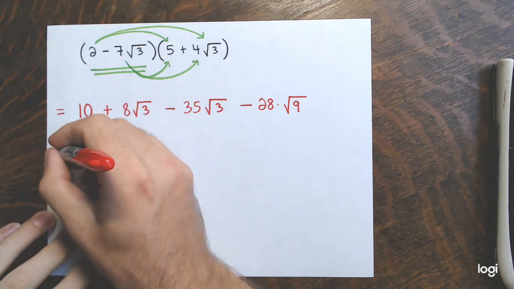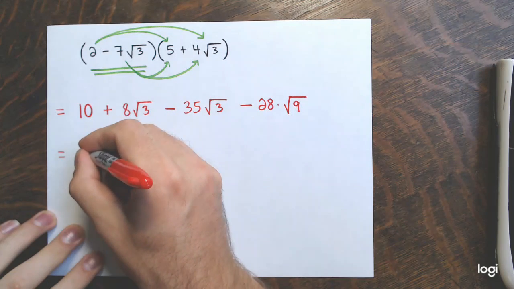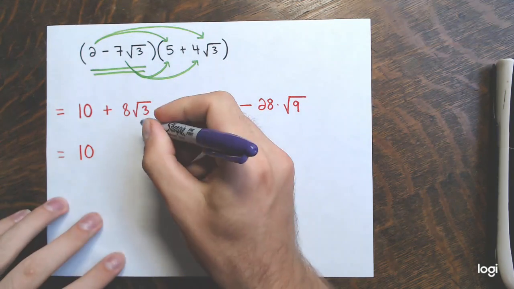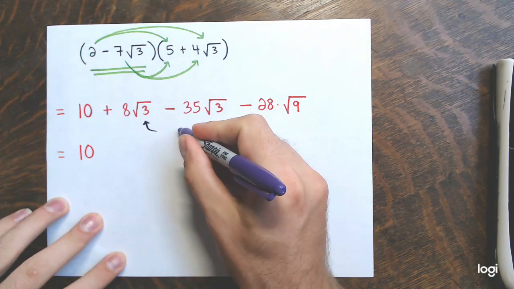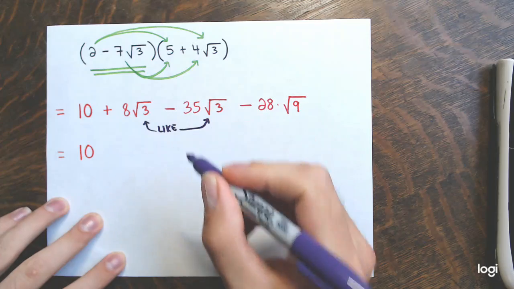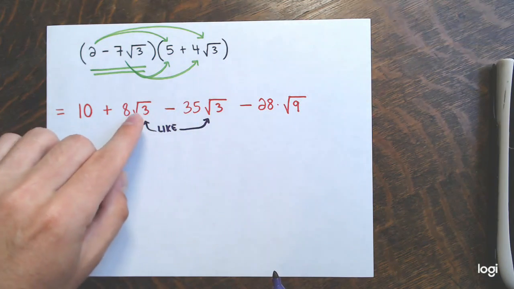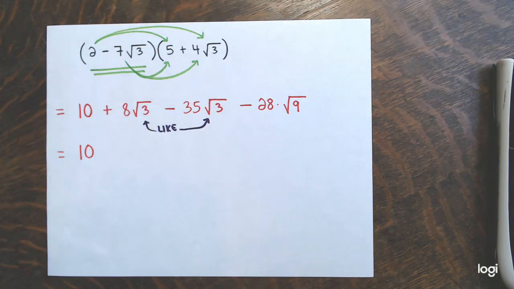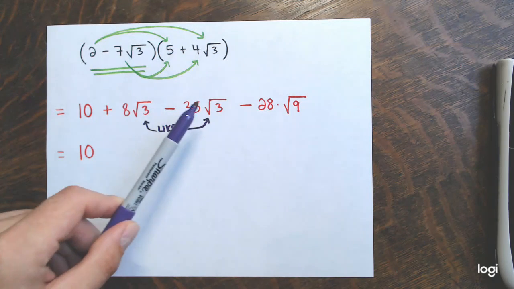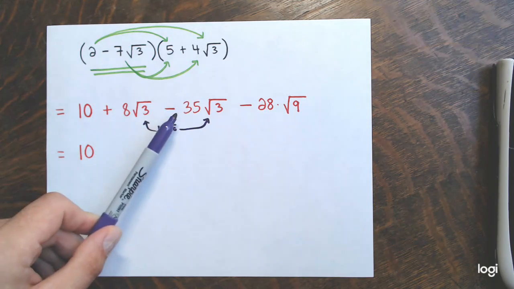All right, so this is equal to, this first term is still 10. These two terms have like radicals, right? They both have the square root of 3 attached to them. So remember, you could factor that out, and then all you'll be doing after factoring out the square root of 3 is combining 8 and -35.